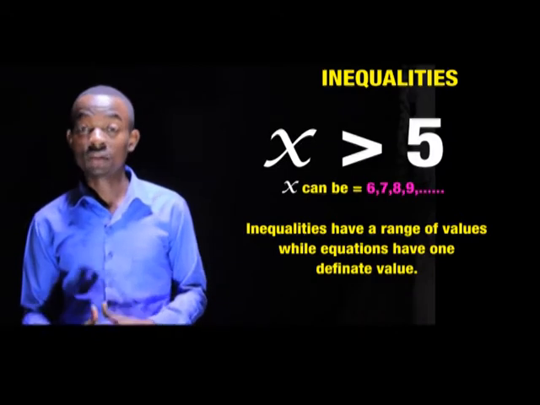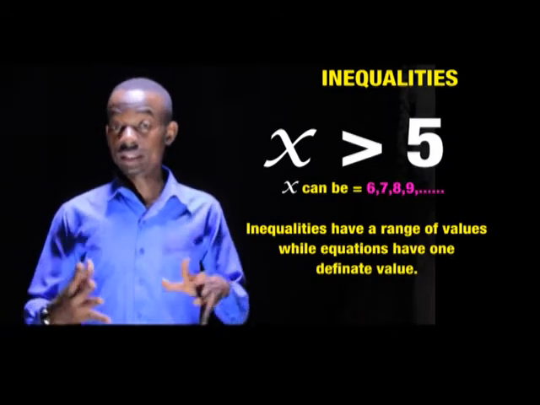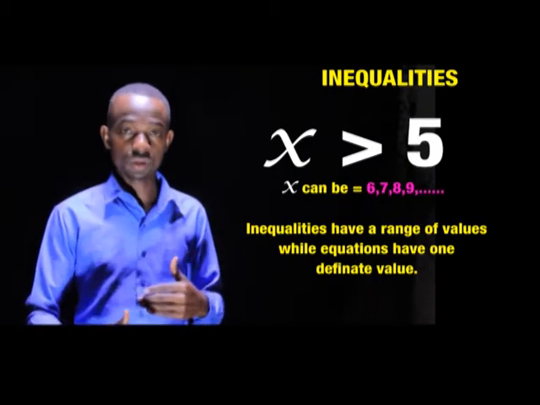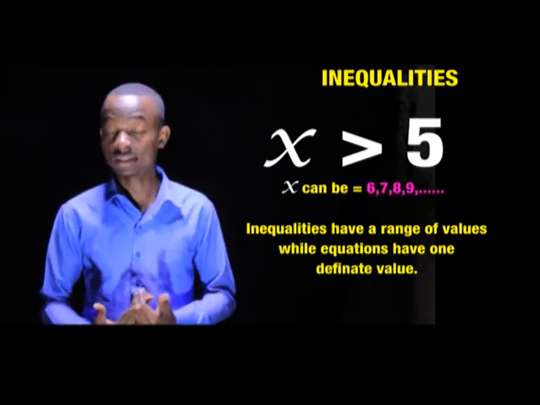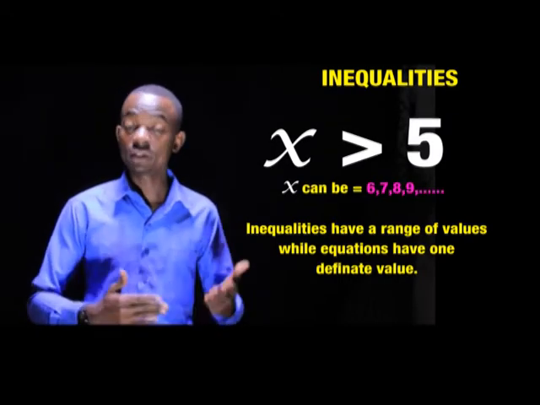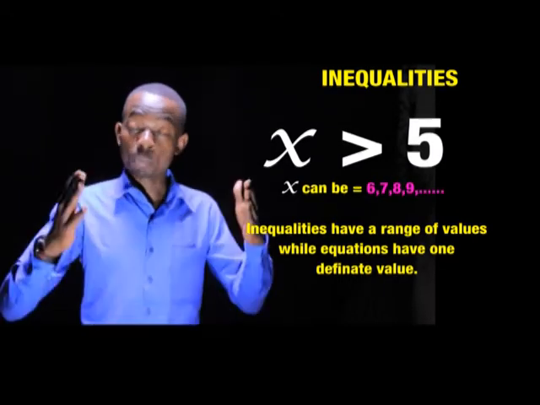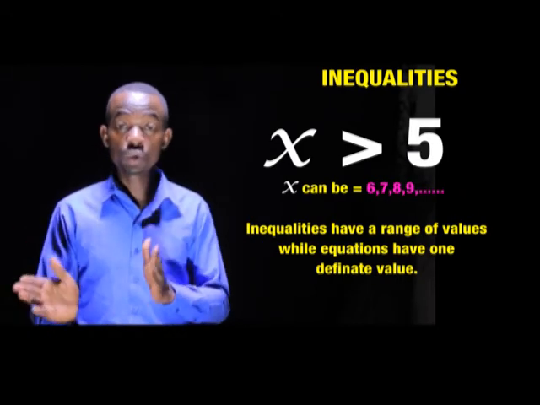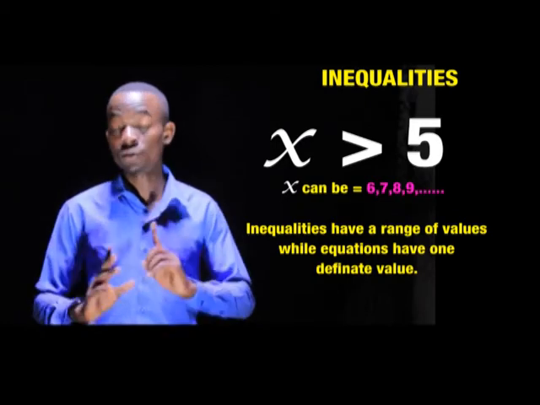Something else you have to note is that when we add or subtract the same number on both sides of an inequality, the direction in which the inequality faces does not change.